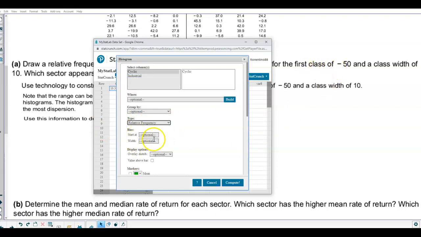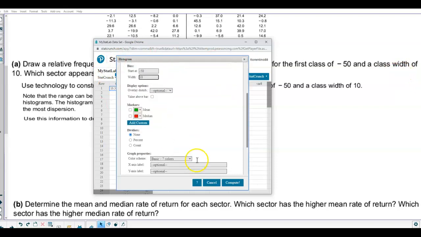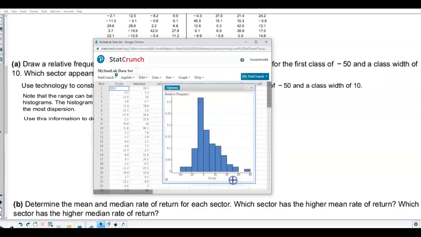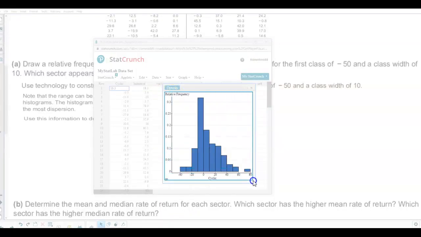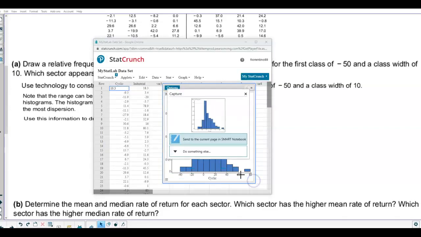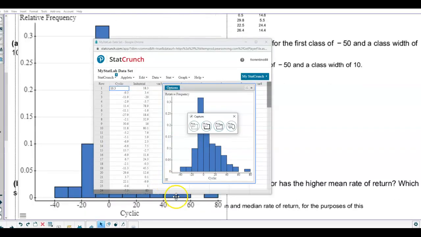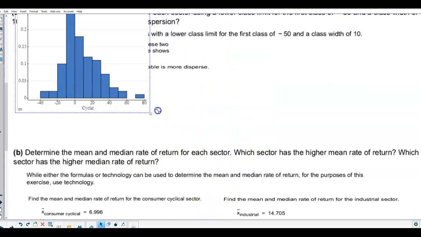We know the first class is going to start at -50, and the class width is 10. Then we select Compute. So there is our relative frequency histogram for the first sector.